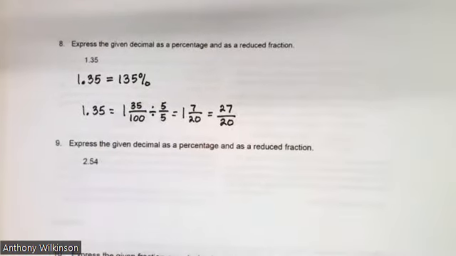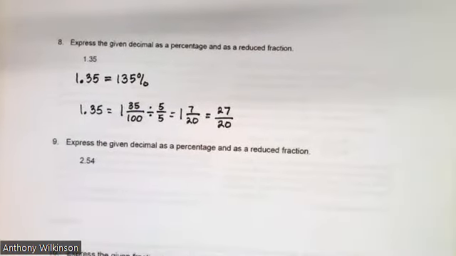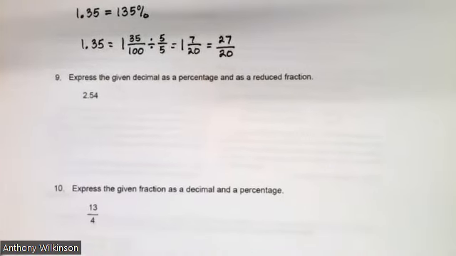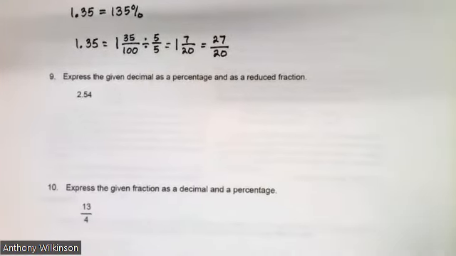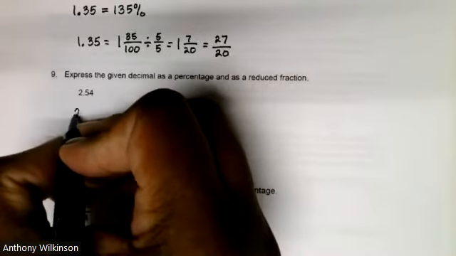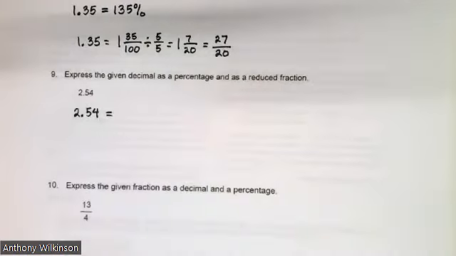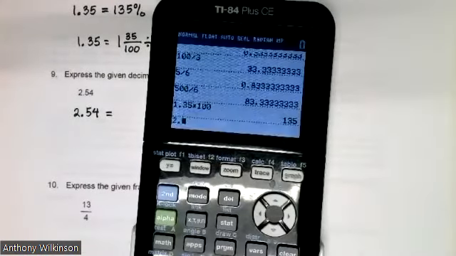Okay. The next one, take that decimal of 2.54, convert it to a percent, and as a reduced fraction as well. Well, 2.54 as a percent, we just simply take 2.54 multiplied by 100.